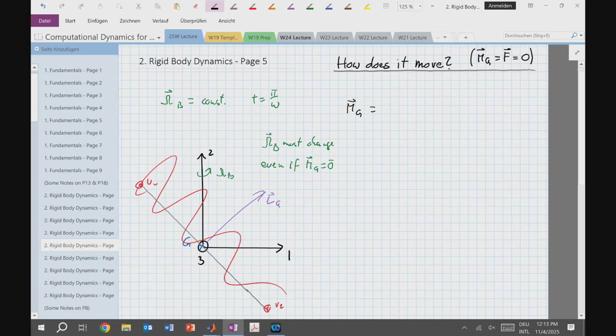And this is where I start by basically restating where we started, that the change of angular momentum is equal to all torques. Written here as something physical, and now I want to express this in a body-fixed coordinate system. So I can simply write little b's here. I'm waiting for someone to complain.